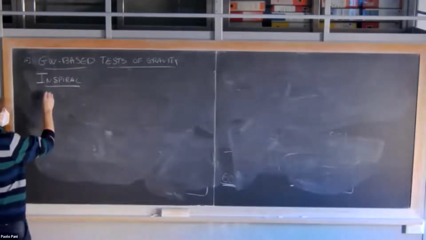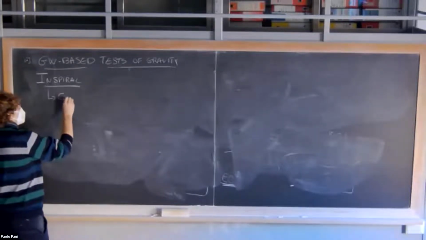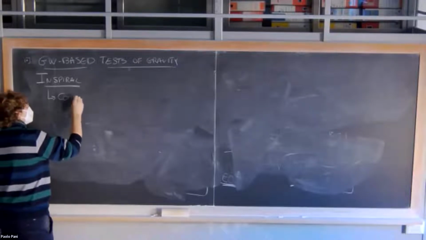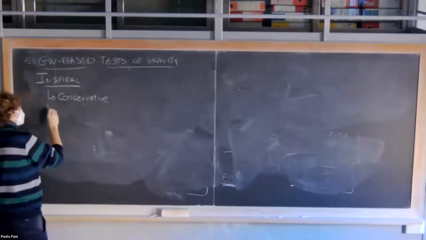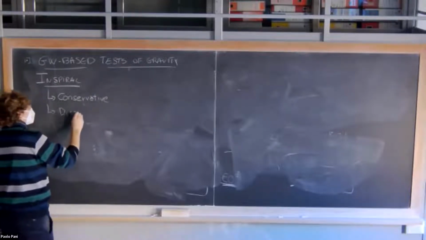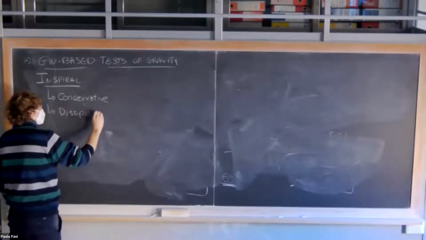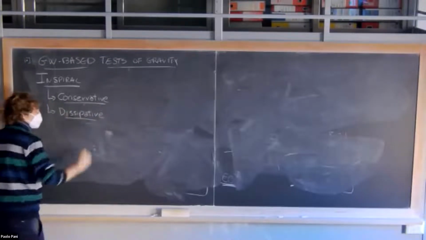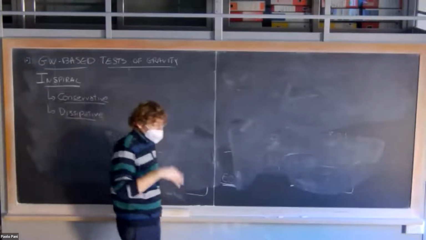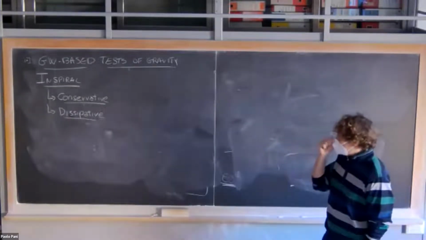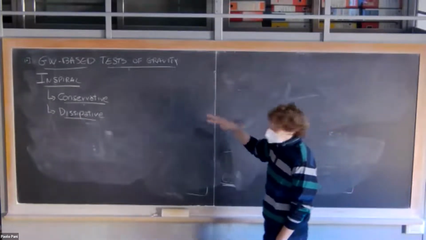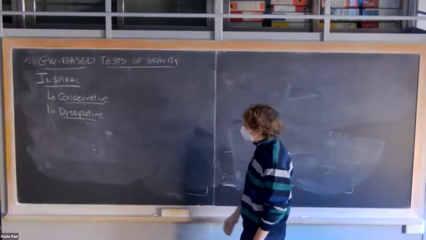And in fact, they test two different sectors, which we could call the conservative part of the dynamics and the dissipative part. And depending on the theories, these sectors can be both affected, or one can be affected and the other not, etc. And in fact, they are conceptually very, very different.